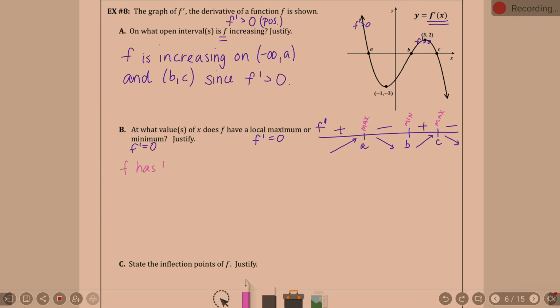F has local, or you can say relative maxes at x equals a and x equals c, since f prime changes from positive to negative.